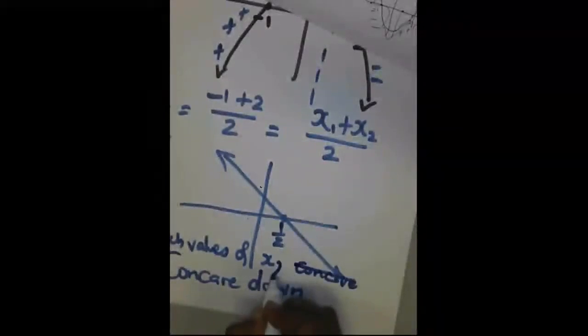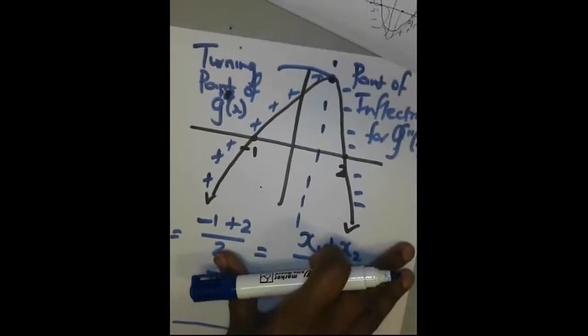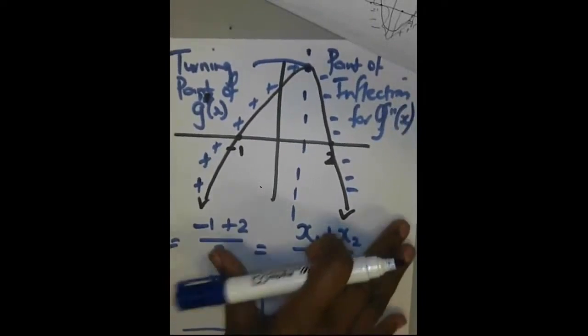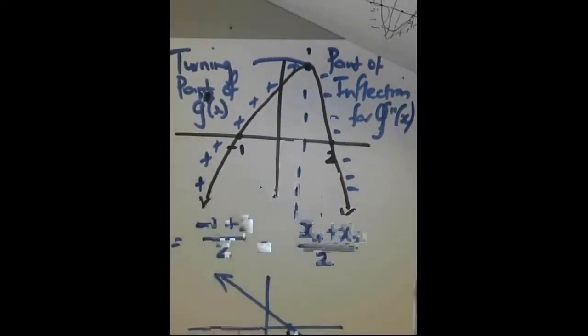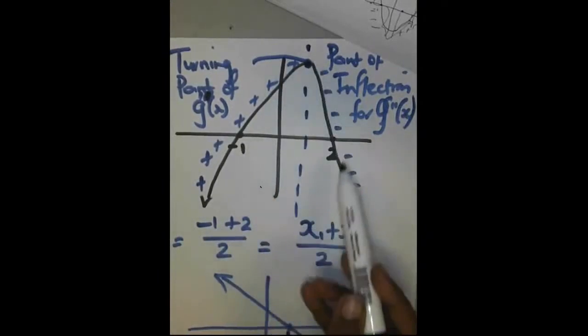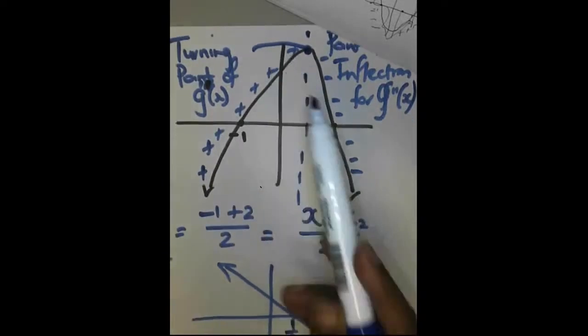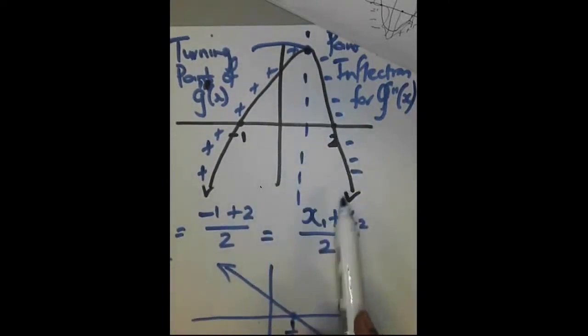Now, like I told you, concave down means it's descending. I said to you, look at your second derivative. Positive, positive, positive, positive, and then negative, negative, negative. So it is concave up, and then it is concave down.